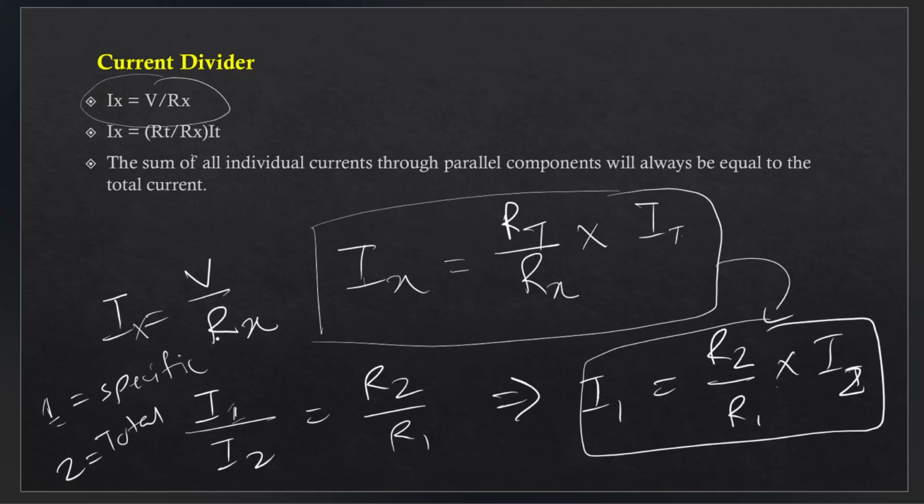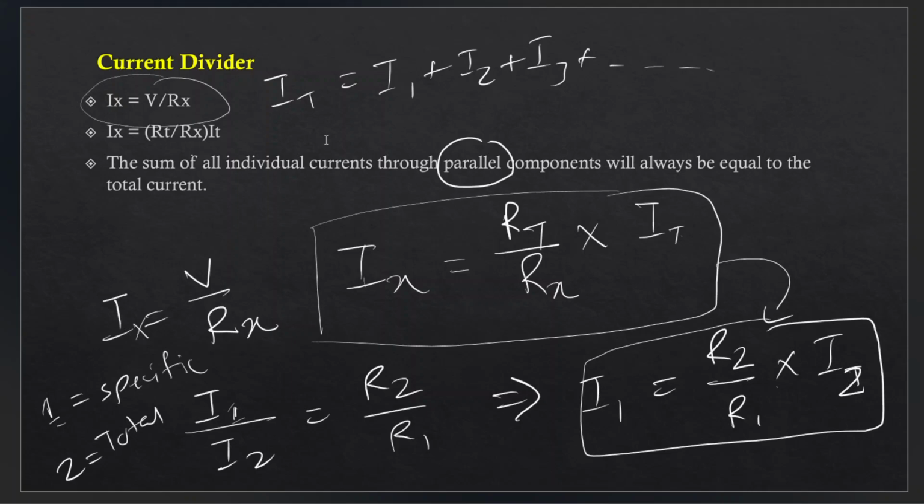And the sum of all individual currents through parallel components will always be equal to the total current. Now notice it's parallel, so this works only for parallel circuits, not series circuits. What this basically means is IT is equal to I1 plus I2 plus I3 plus so on, but this works only for parallel circuits.